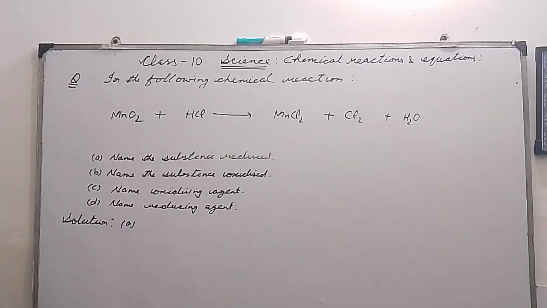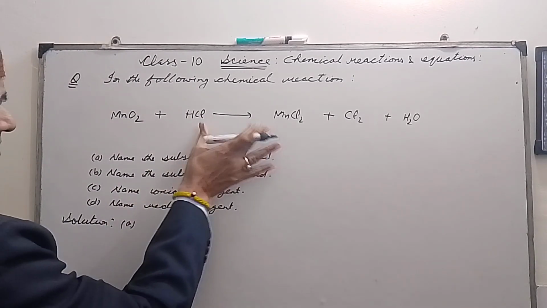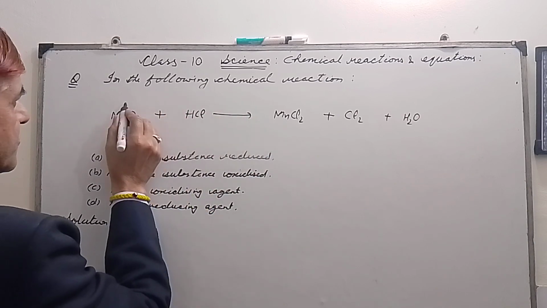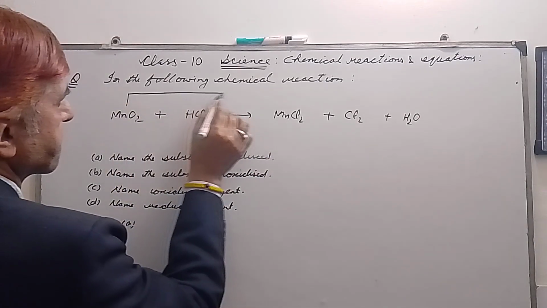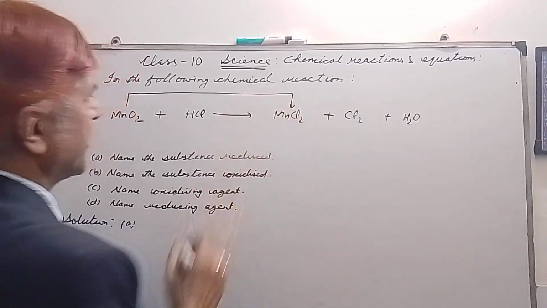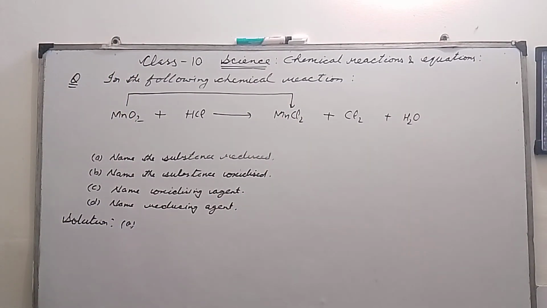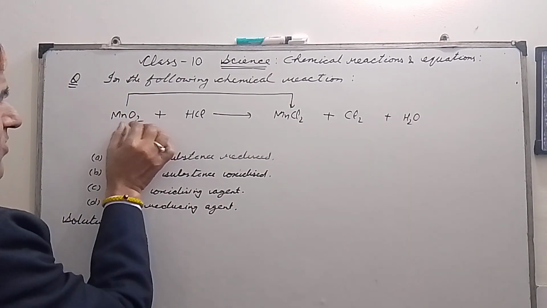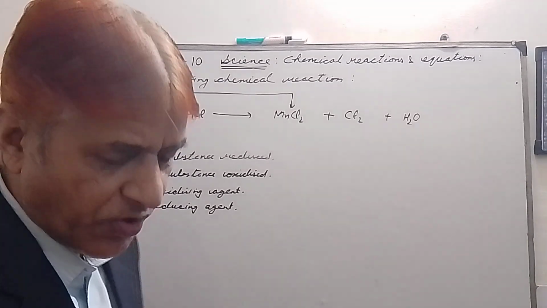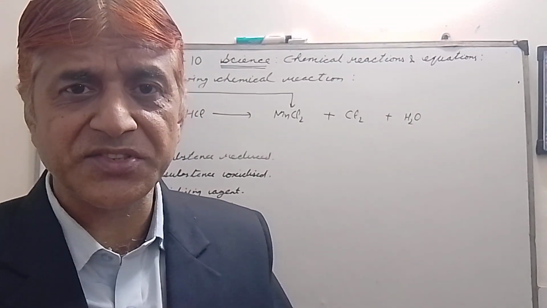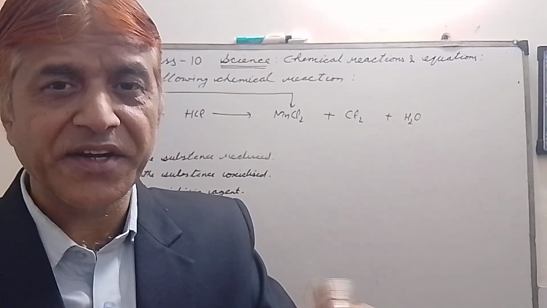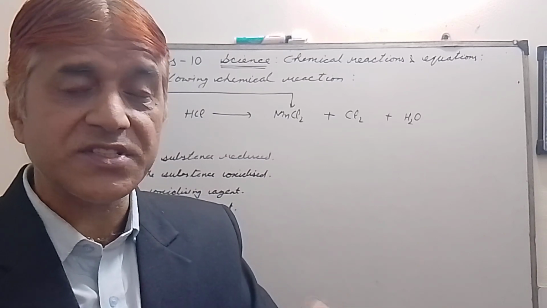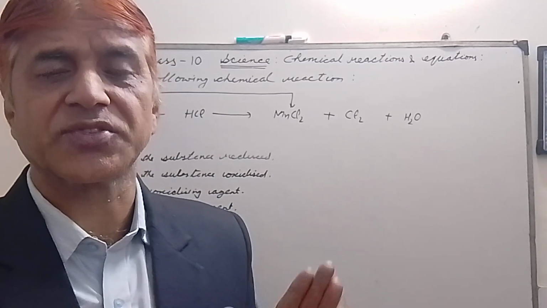So see this carefully. Now what is happening here? You can see oxygen here. My dear students, when we talk about oxidation and reduction reactions, we have discussed them in terms of hydrogen and oxygen.